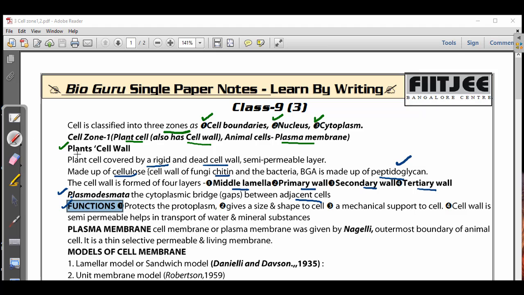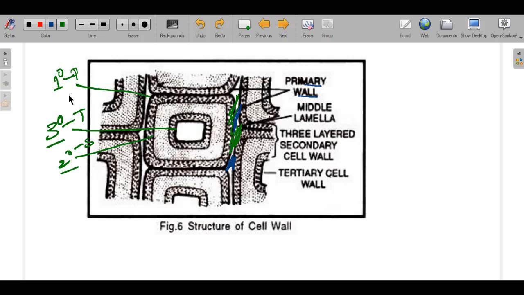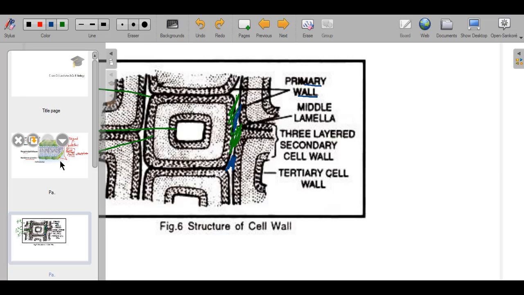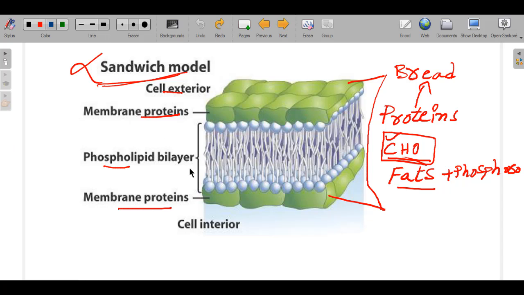And now we look at the common membrane of both plant and animal cells, which is nothing but the cell membrane. The cell membrane is a structure that has various components.